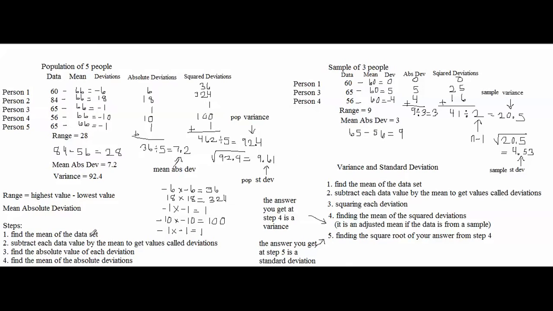I wanted to talk a little bit more about the advantages and disadvantages of these different measures of dispersion. You know that the range has the disadvantage of only measuring the distance between the highest and lowest values. And the variance also has a disadvantage.